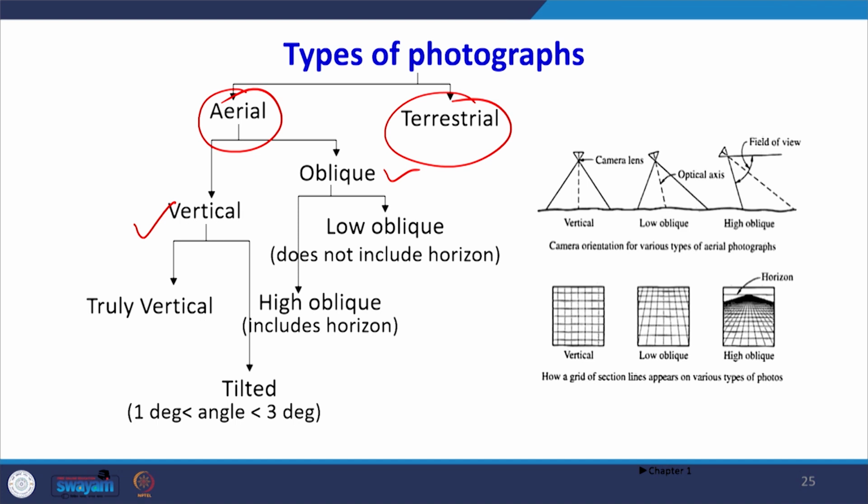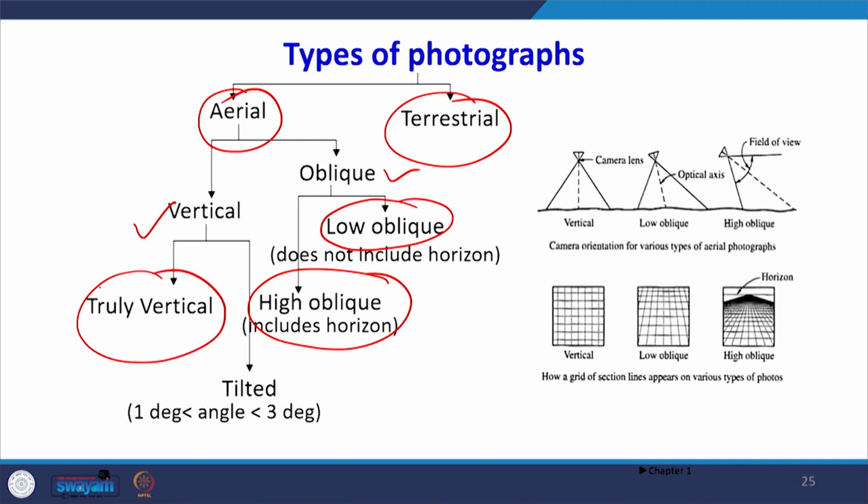Under oblique there are two categories, a low oblique photograph and a high oblique photograph. And under vertical we have two categories. One is the truly vertical photograph, when the camera axis is exactly vertical, and another is the tilted photograph, when the camera axis is between 1 degree and 3 degrees tilt with respect to the vertical line.